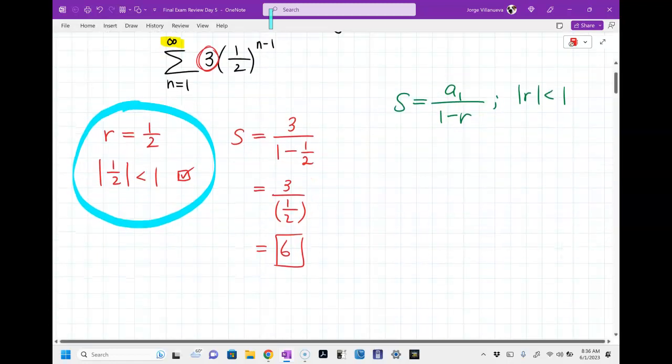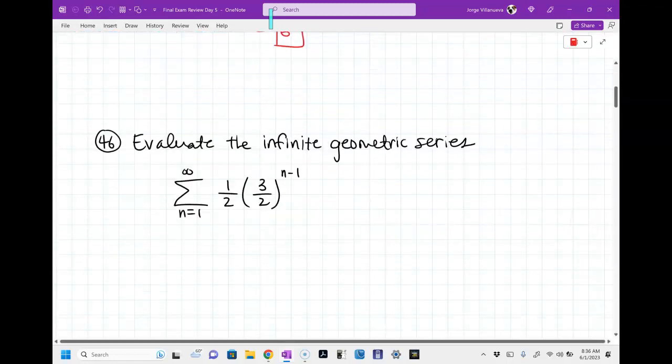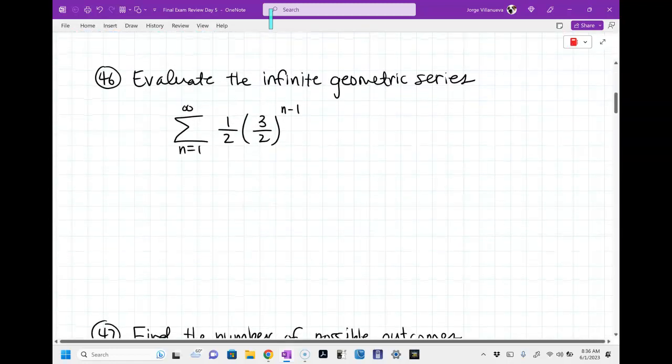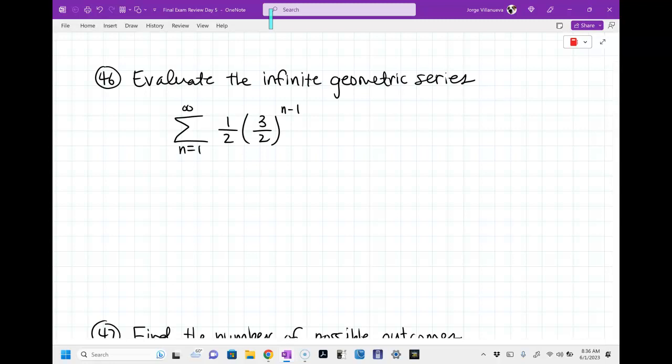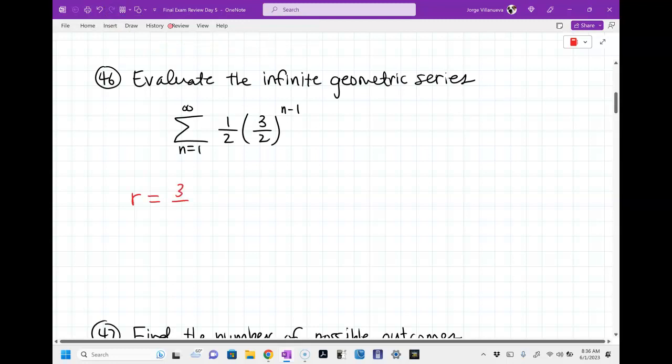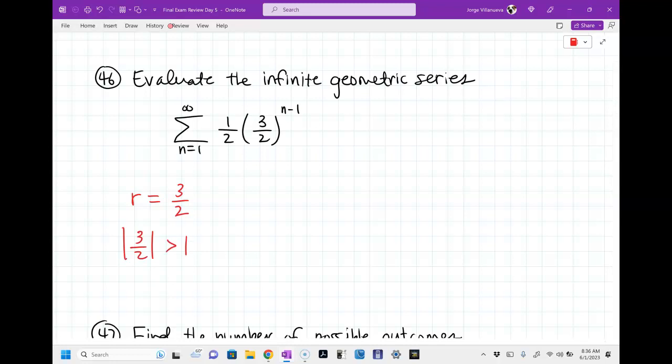So you'll notice number 46. Am I going to have to do number 46? No, because my r value is 3 over 2, which is greater than 1, not less than 1. So for this one, r is equal to 3 over 2. The absolute value of 3 over 2 is greater than 1.